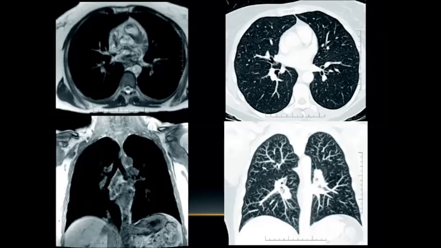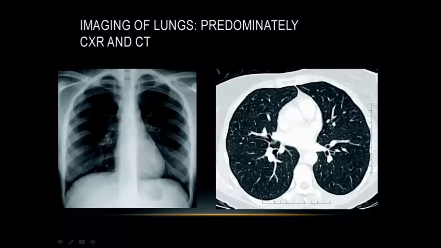In the left part of the picture, there are two MRI images in which we can identify very few details, and on the contrary, the computed tomography scan on the right part of the picture presents an image of lung, mediastinum and heart in great detail. So, for imaging of lungs, you may start with conventional X-ray and then confirm by CT investigation, or you may start with CT at once.